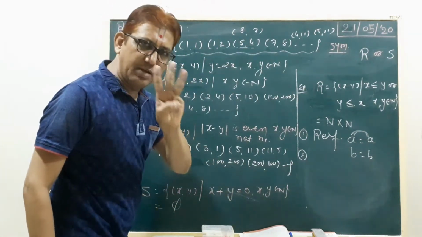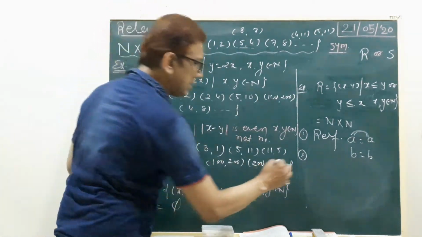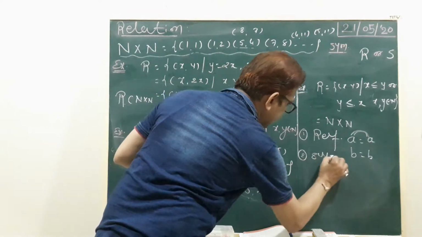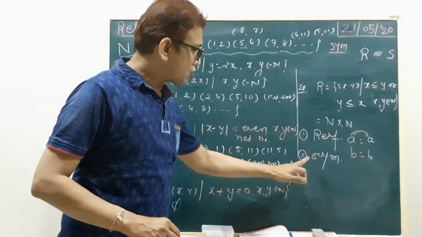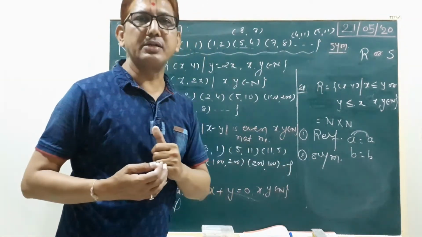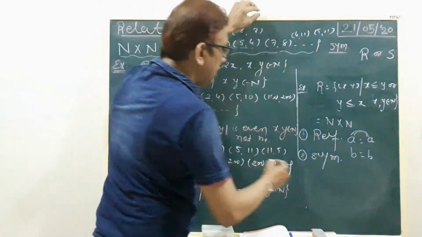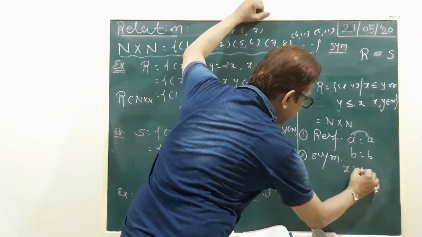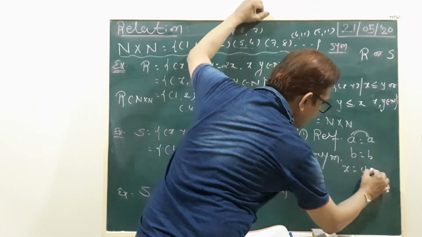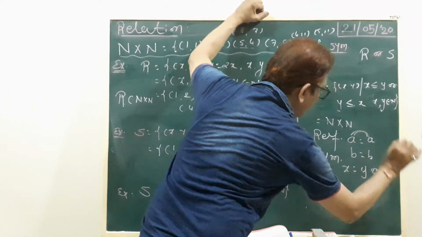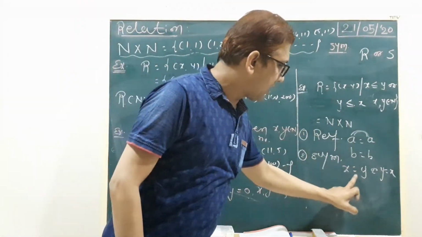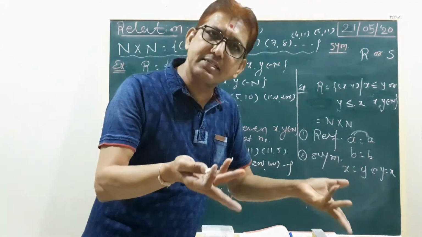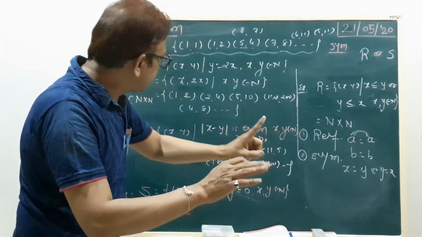Okay. Now the second one. In total we have 3 properties. The first one is reflexive, and the second one is the symmetric property. Symmetric property means you can write x related to y, and also y related to x, both are the same.